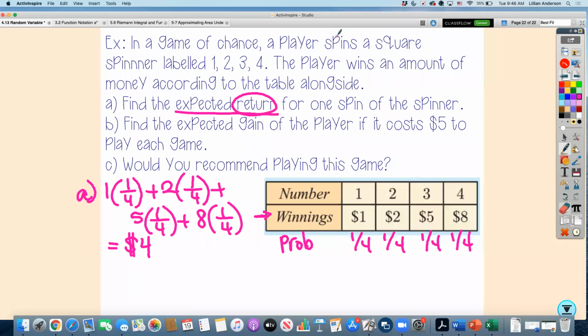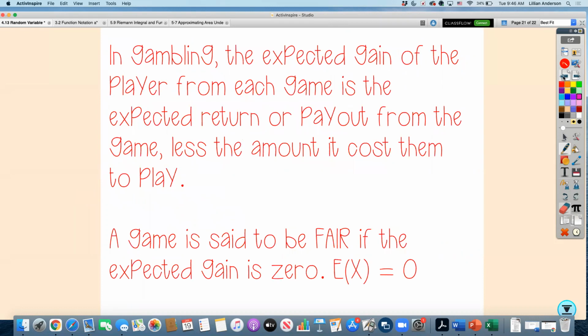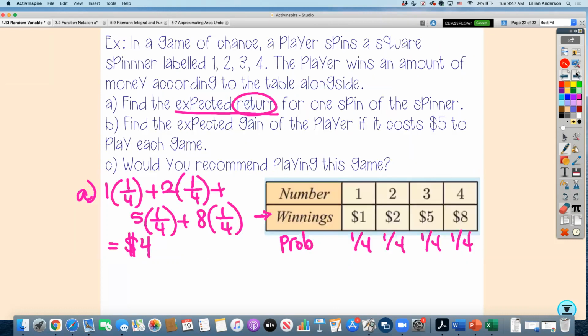Now, it's asking us to find our expected gain of a player if it costs $5 to play the game. Well, remember, expected gain is the expected return from the game less the amount it costs to play the game. So our expected return was $4.